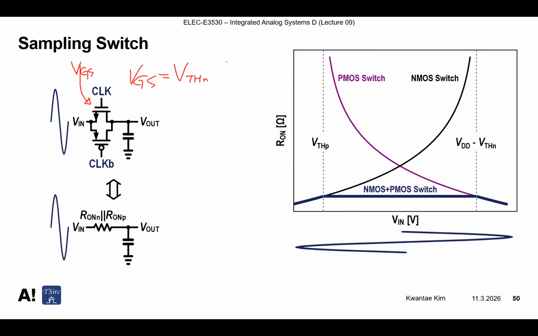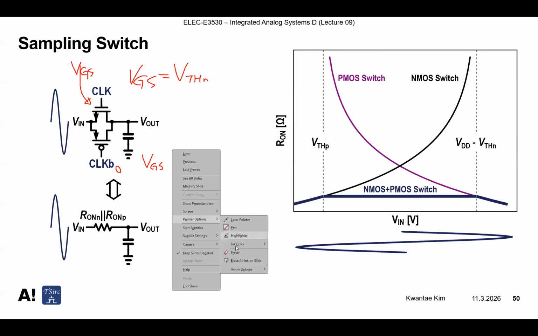And similarly, for the PMOS switch, from a high V in value, as it goes more and more toward a low value, the clock bar here is 0. And for the PMOS, VSG must be ensured.